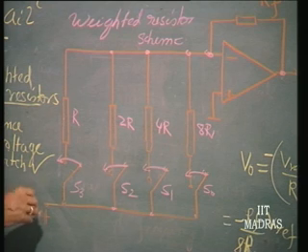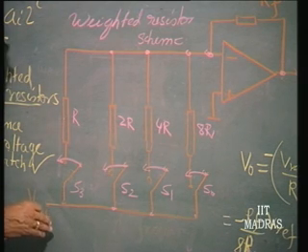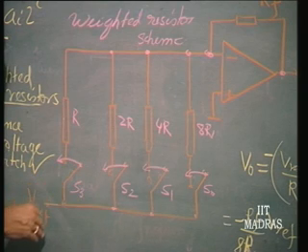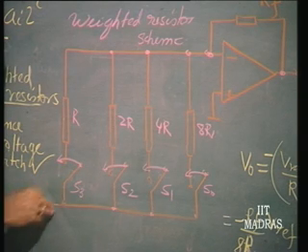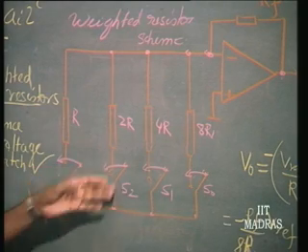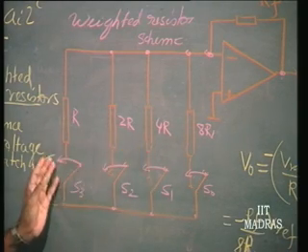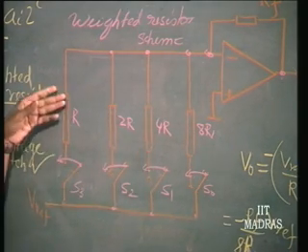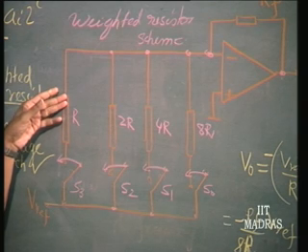This kind of error is primarily because you are drawing different currents from the same V reference depending upon the switch position, and V reference may have certain output resistance, however small. And obviously, the switch resistance also will come to picture. When it is closed, its on resistance will be adding on to R. This is another source of error in this, right.